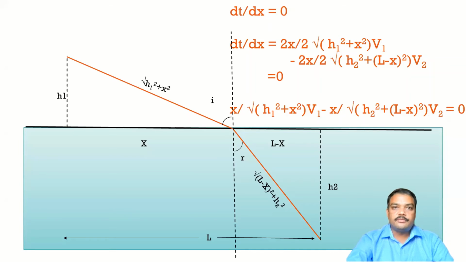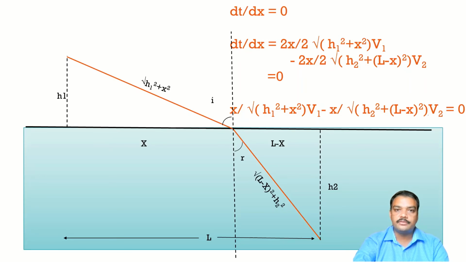According to Fermat's principle, light always takes the least time, that means dT by dx is equal to 0. Let us make this expression equal to 0. That gives dT by dx equal to 2x by 2 into root of h1 square plus x square into v1, minus 2(L minus x) by 2 into square root of h2 square plus (L minus x) whole square into v2, that is equal to 0.